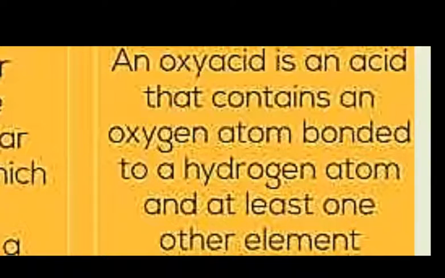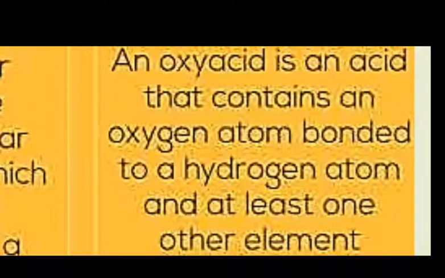But in the case of oxyacids, we get three elements: hydrogen, any other element, and oxygen. Understood? So HNO3, nitric acid: we can see hydrogen, oxygen, and nitrogen. And in sulfuric acid, we can see hydrogen, sulfur, and oxygen. These two are examples of oxyacids.